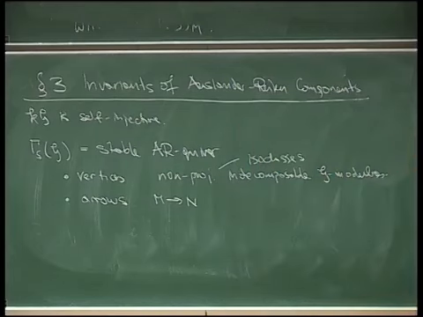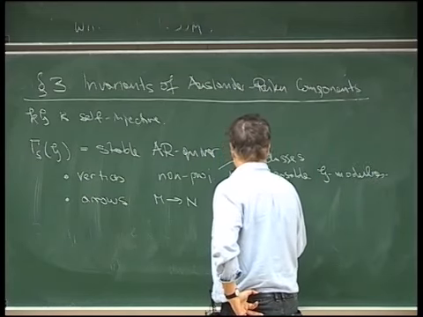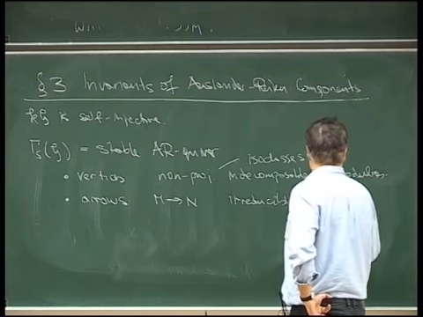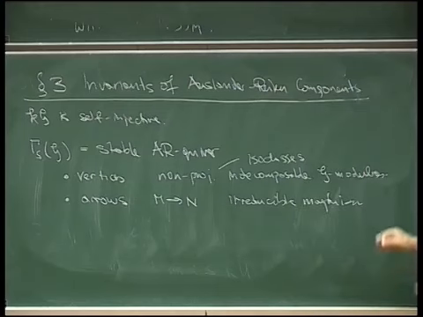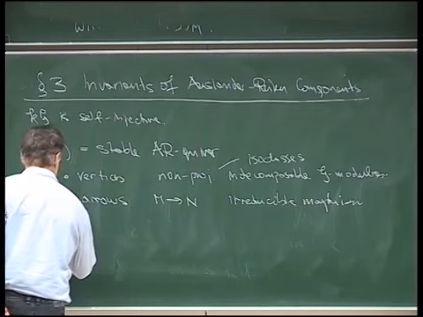You have an arrow between two such isoclasses when there is a so-called irreducible morphism. As a first approximation, you can think of this as a morphism that doesn't factor properly through another indecomposable. So these are really neighbors that are connected by arrows.